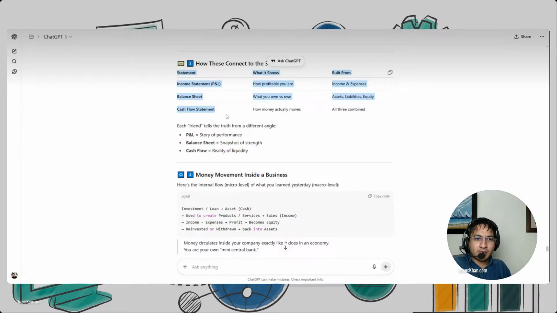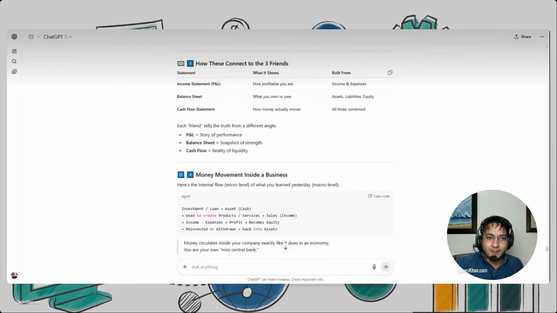Cash flow statement, how money actually moves. So we get the income, it gets deducted by the expenses, it generated the assets, then what we don't own but will own after paying for it, and the total equity we have in the business, and what the sharing in the business is.